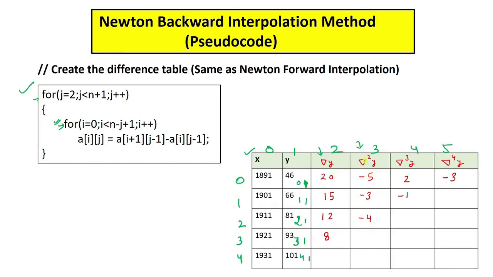The next column will be traced by the outer loop, so j will be tracing the next columns. Initially j will be 2, that means I will be at this column; j will be 3, I will be at this column, and so on. For all the jth values, I will come inside and calculate all these values.